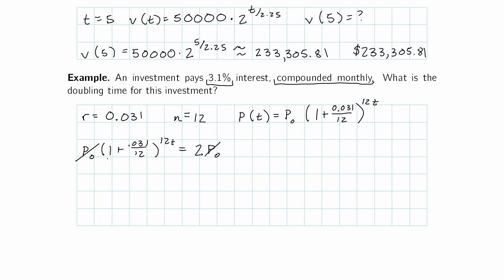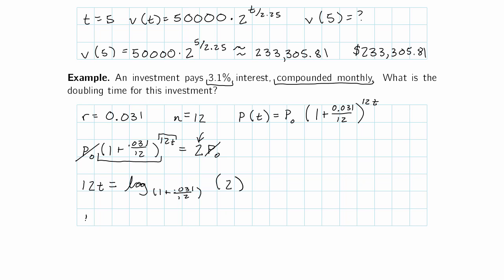So we know what to do here. We have this number to this power equals 2. That means our exponent, 12t, is equal to the log, whose base is this awful number, 1 plus 0.031 over 12. And we're going to take that log of 2.